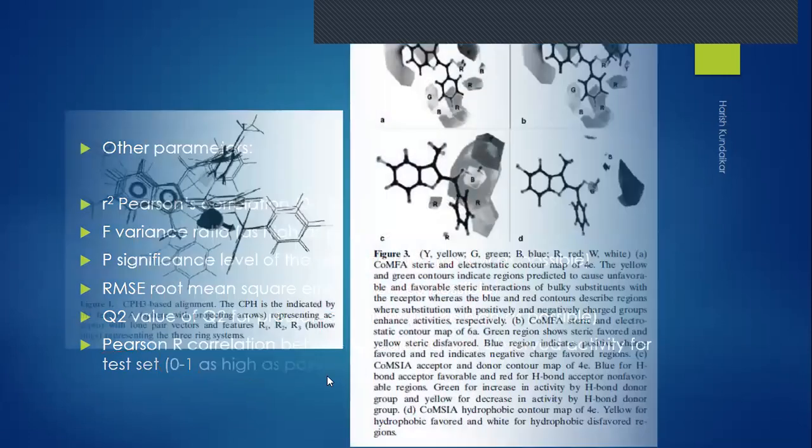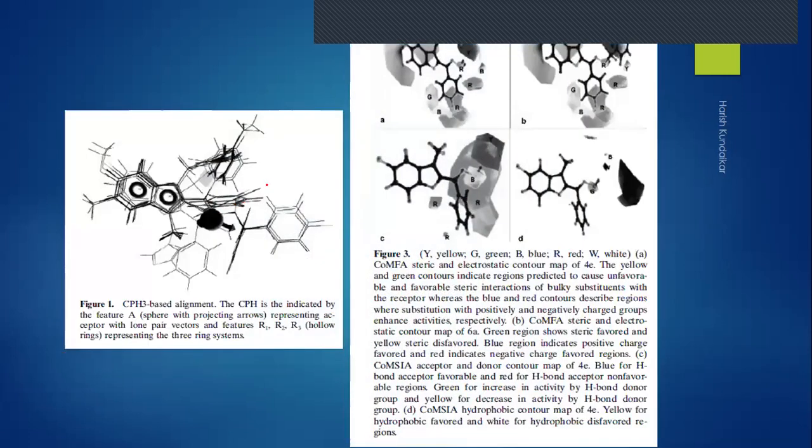These are examples of pharmacophore based alignment. Here we can see this is one aromatic ring, this is another aromatic ring, and then we have a hydrogen bond acceptor over here. We have other aromatic rings as well, but those are not a part of the pharmacophore.